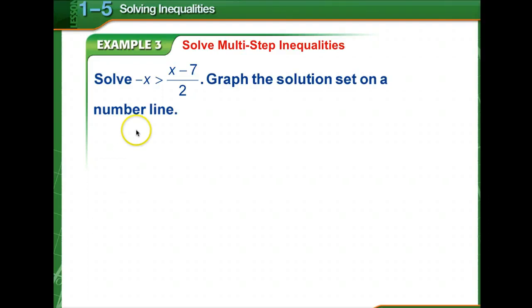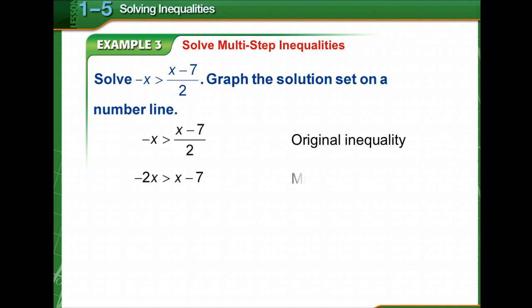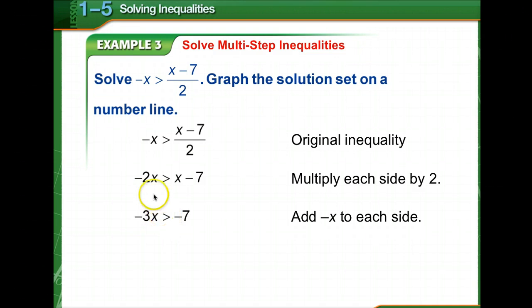So now we're to solve -x is greater than (x minus 7) divided by 2 and graph the solution set on a number line. So let's simplify this. Let's get rid of this division problem. So we can multiply both sides by 2 to take care of that. So now we're going to move this x over, so we have -3x is greater than -7.